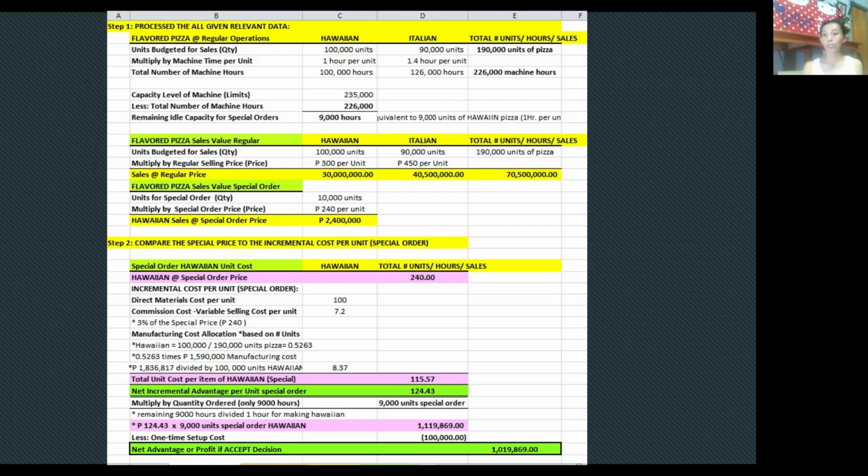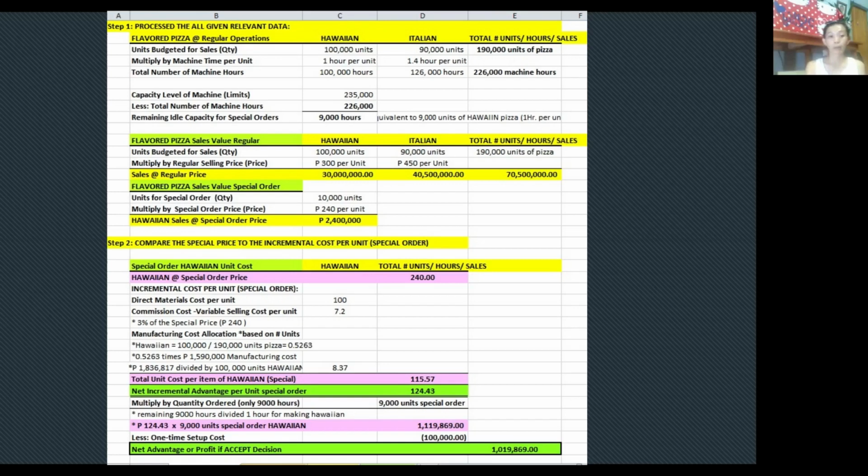So 90,000 units is the scheduled normal production for Pampanga. So 90,000 units of Italian times 1.4 hours will give us 126,000 hours. So if we total this one, we will have 226,000 machine hours. So this is the actual normal operation.